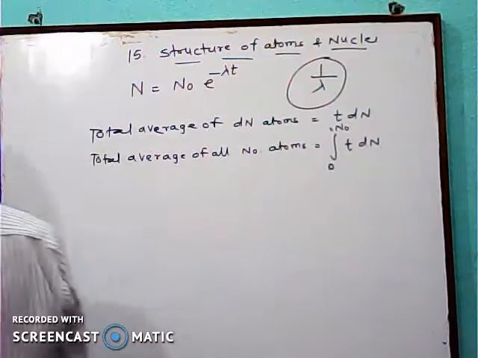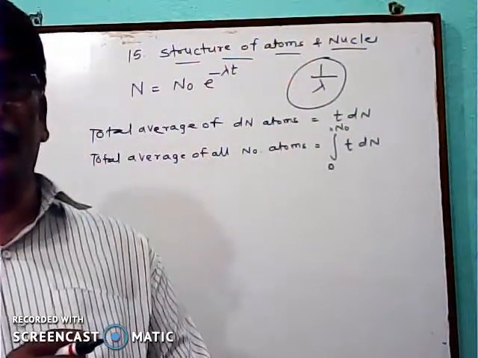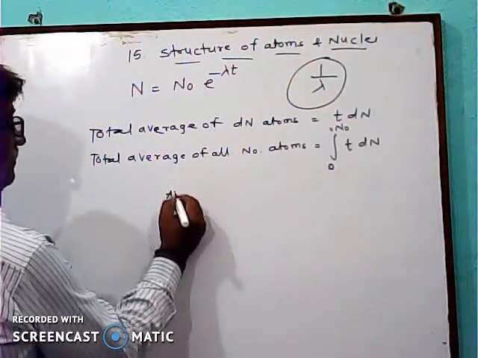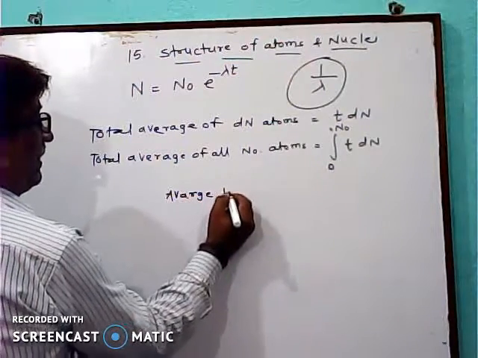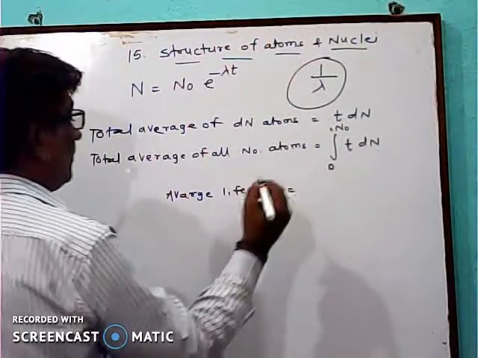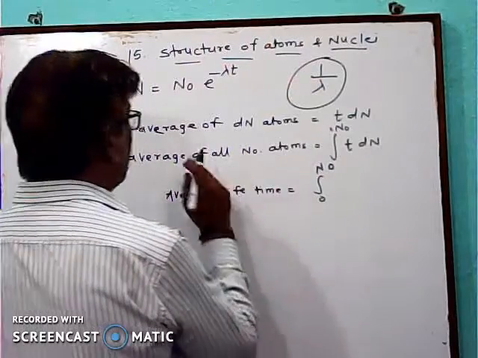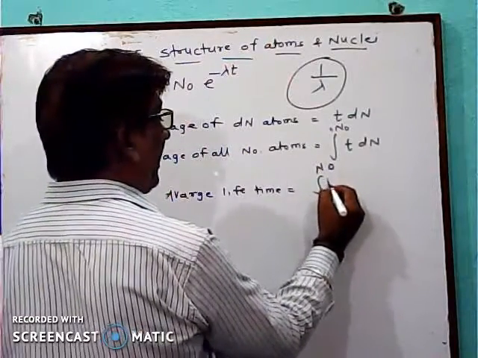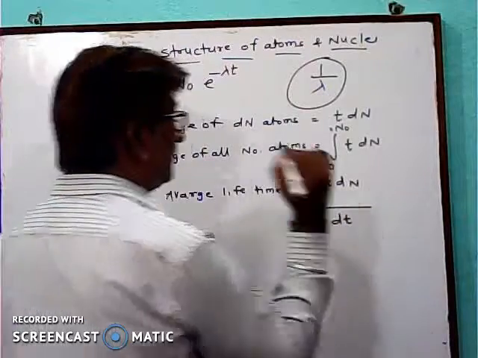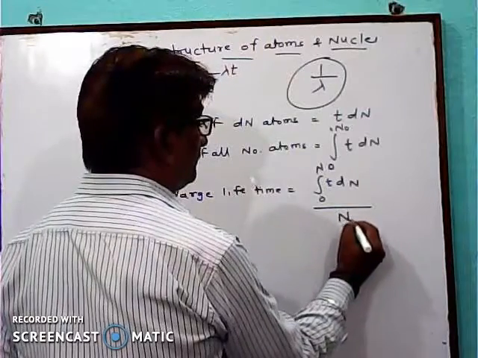So that we can find the average lifetime. The average lifetime will be the ratio of the total of all the atoms' lifetimes to the initial number of atoms.